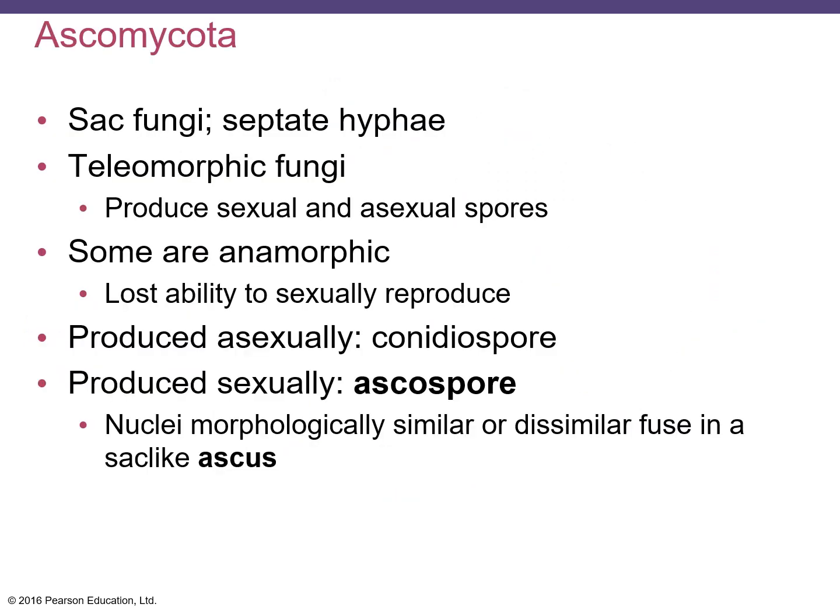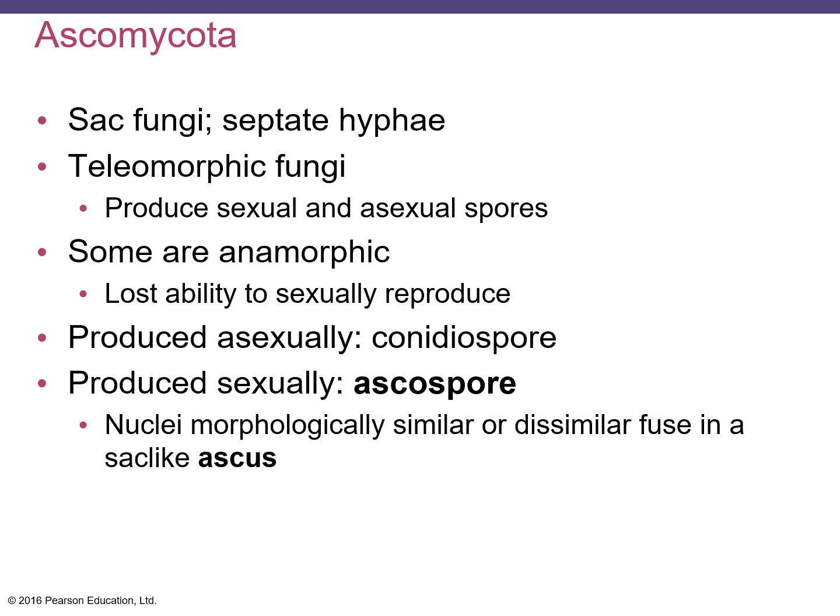Ascomycota, the other group, is also called the sac fungi, which include molds with septate hyphae and some yeasts. Their asexual spores are usually conidia produced in long chains from the conidiophore. The term conidia means dust, and these spores freely detach from the chain at the slightest disturbance and float in the air like dust.